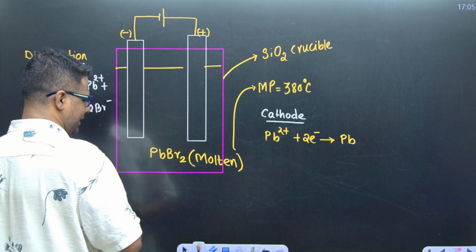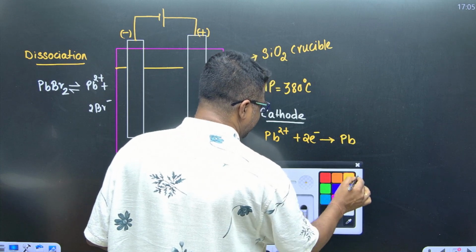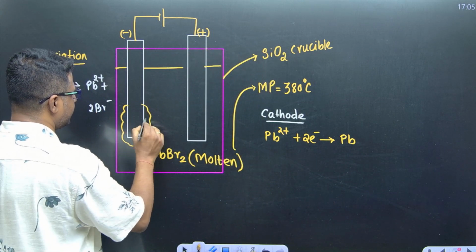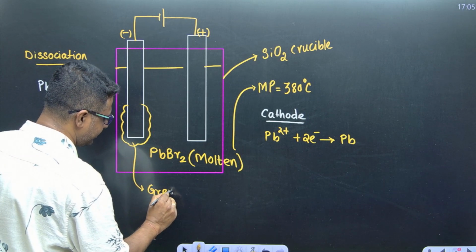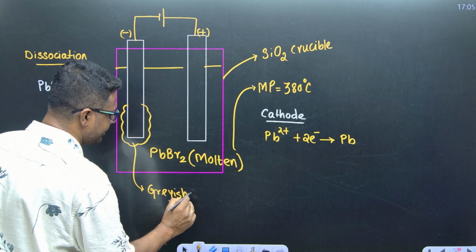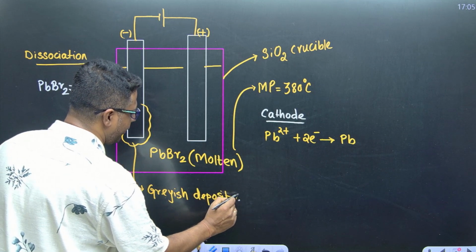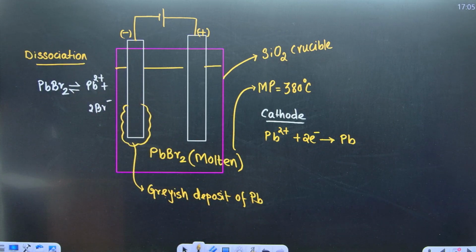So this lead is going to get deposited over here. So here there will be a grayish deposit of lead. Write down grayish deposit of lead.